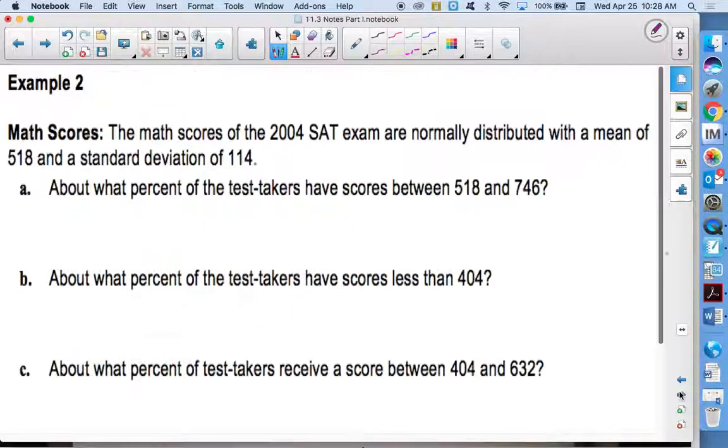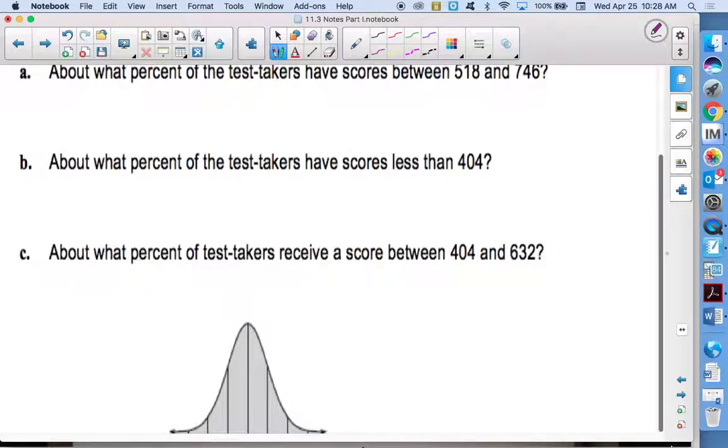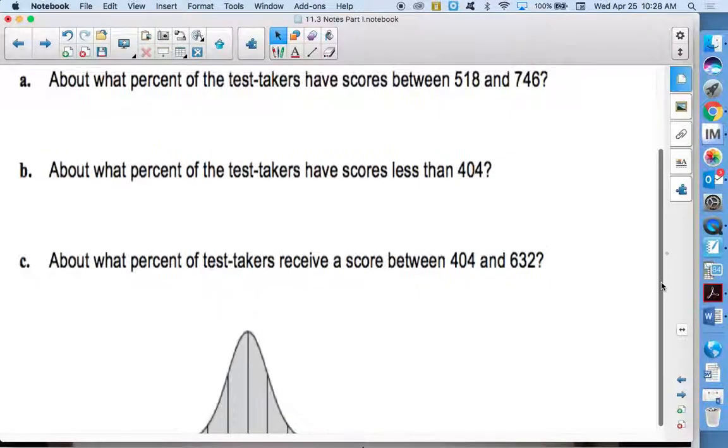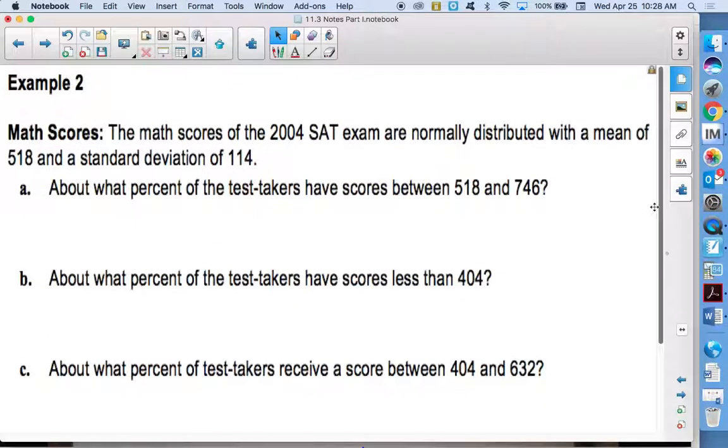If you go down below to the last question, the diagram is already shown for you. Your diagram should be shown below, and it's already labeled for you. See if you can put the percentages in the chart, 34%, 13.5%, and then answer the 3 questions.